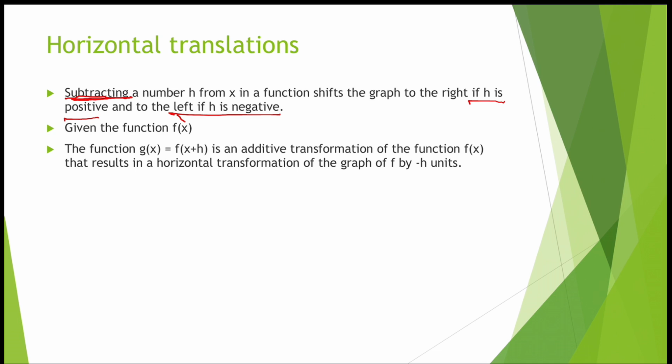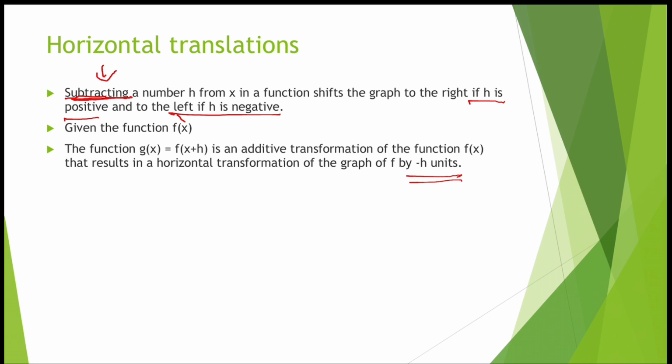The function g of x equal to f of x plus h is an additive transformation of the function f of x that results in a horizontal movement of the graph of f by minus h units. Now, minus h is not a typing error if you're assuming it to be one, and subtracting here is a keyword that you need to look out for.